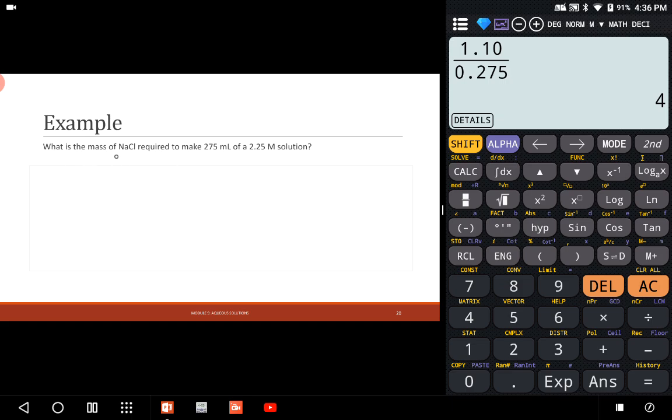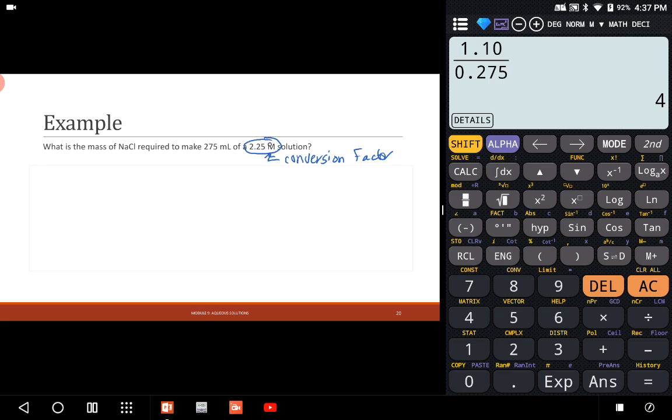Here's an example of molarity being used as a conversion factor. This problem reads, what is the mass of NaCl required to make 275 milliliters of a 2.25 molar solution? And so whenever I see concentration given to me, I have to think to myself, this must be a conversion factor.